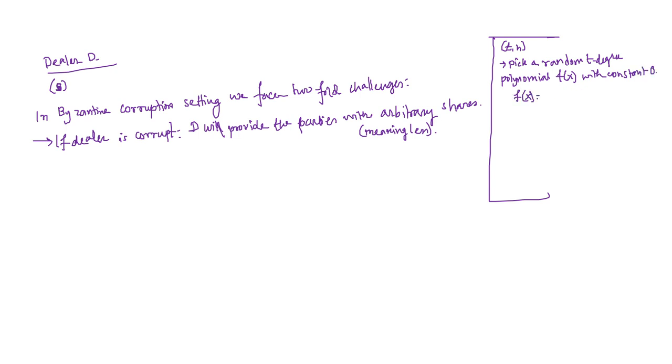So f(x) is some s plus a1 x till a2 x squared, a 2-degree polynomial.